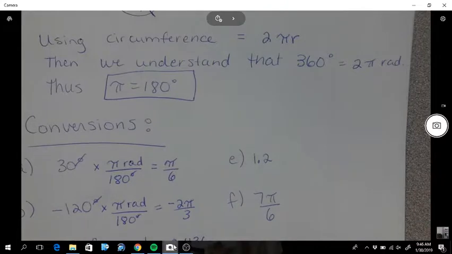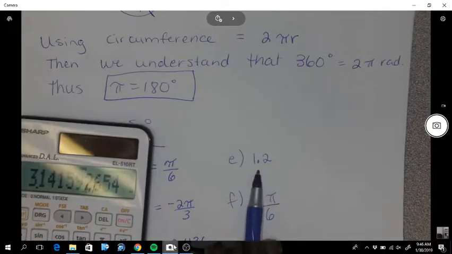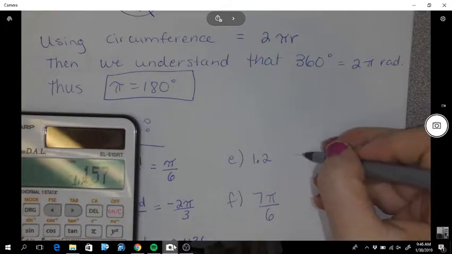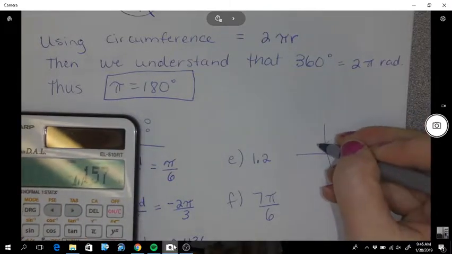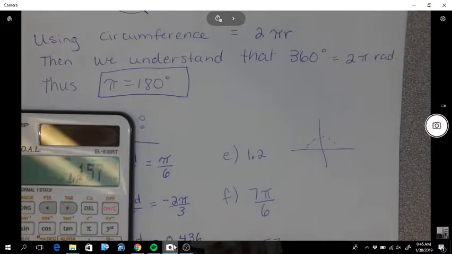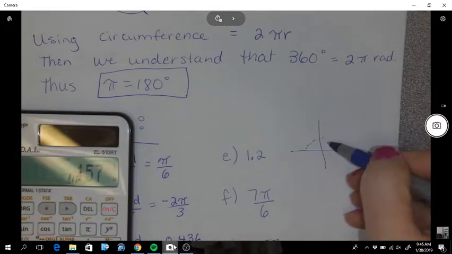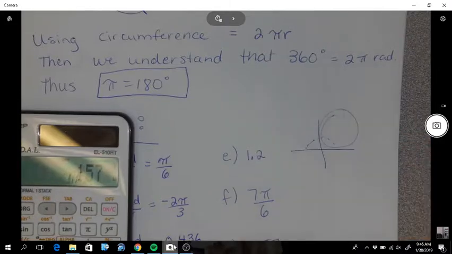Okay, so 1.2 radians. Again, we kind of know where that is. We know that 3.14 is that. So 1.2 is quite a bit smaller than that. It's not even halfway. So I'm guessing that my angle is in this quadrant 1.